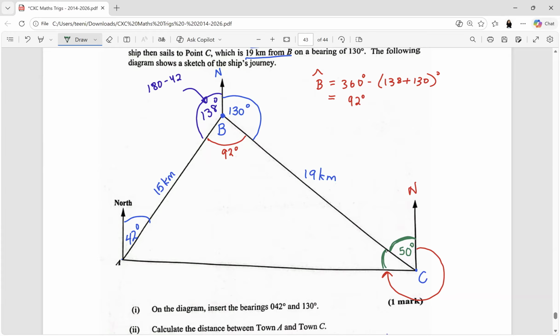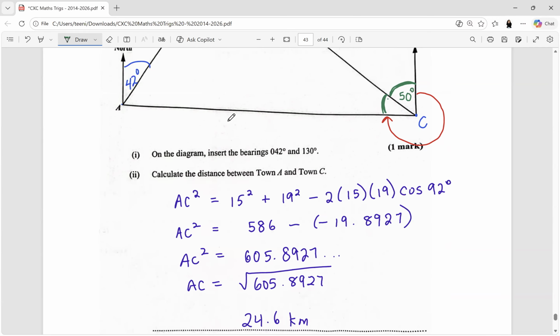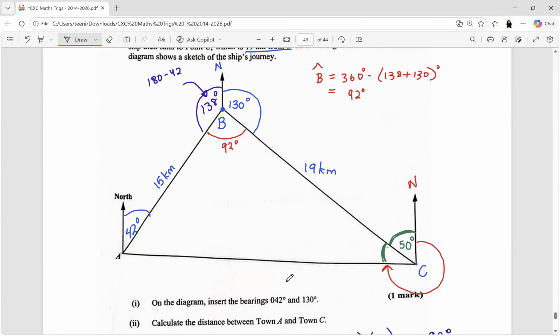So to find this angle, I can use the sine rule, or I could use the cosine rule because I now know that this side here is 24.6 km.